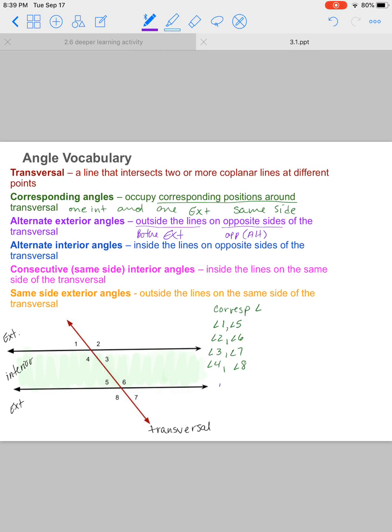So if we look at our alternate exteriors, on the exterior of our first line we have angle 1 and angle 2. If we alternate sides, angle 1 is on the left, so its alternate exterior is 7. Angle 2 is on the right, so we alternate sides and exterior to match it up with 8.